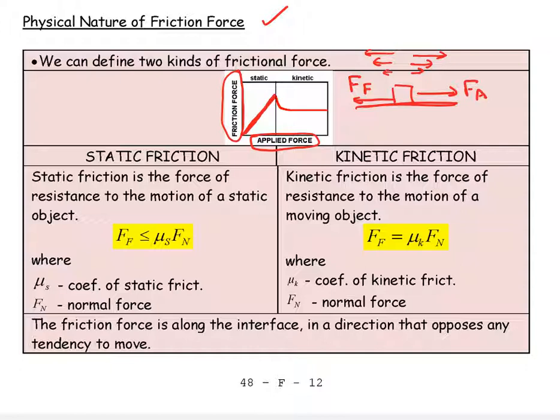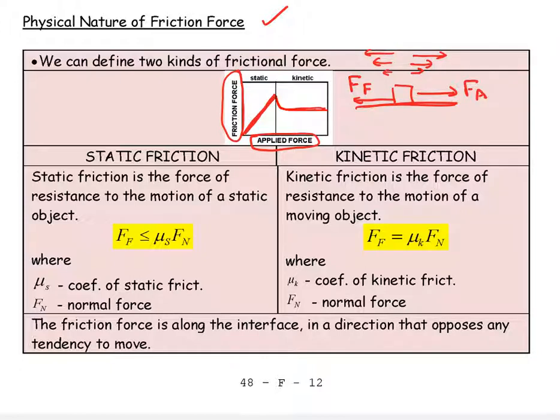The object is not moving, but there's a point at which I actually cause motion, and a very interesting thing happens. What happens is that my frictional force decreases as soon as the motion begins, and then continues with a constant value.